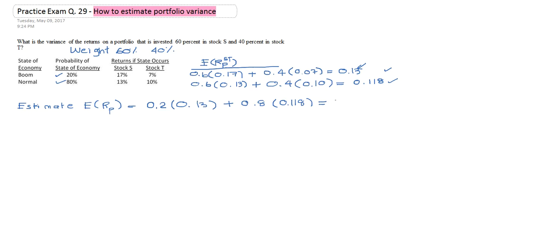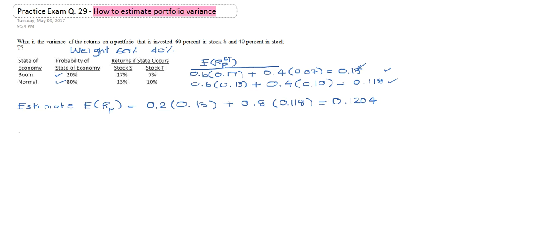What I get from this weighted average is 0.1204.